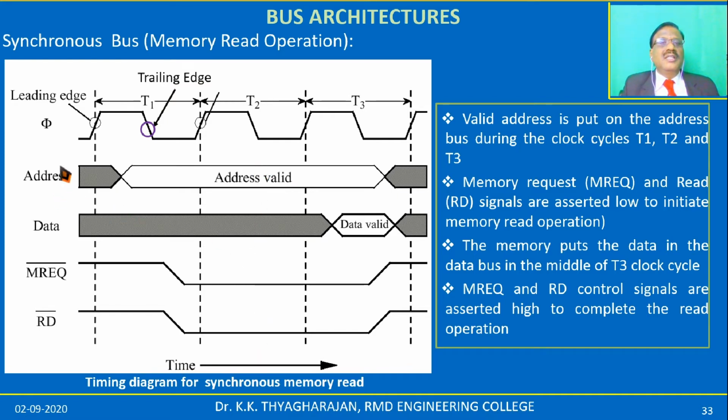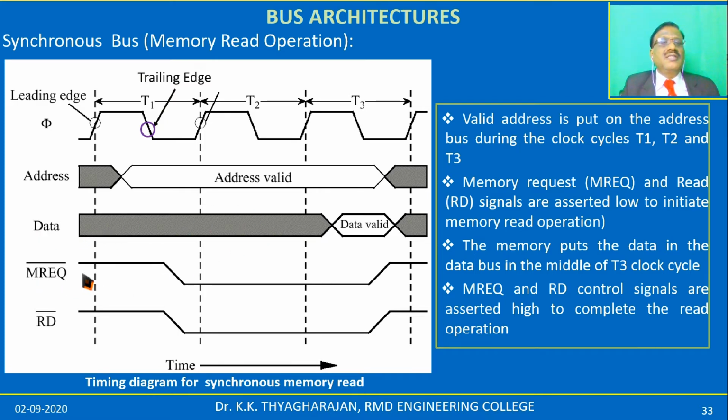Here, this is the address bus. This type of representation with 2 lines like this indicates that this is a bus. So, this is an address bus. Similarly, this is the data bus.